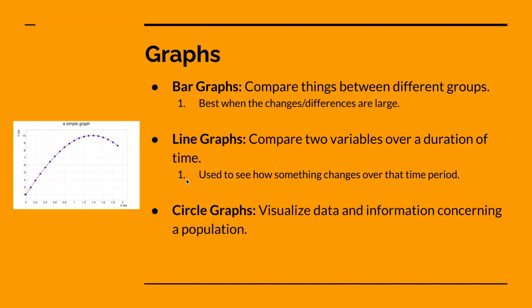And then circle graphs. Now, this is probably the easiest one to identify and the easiest one to use, roughly speaking. And we use this to visualize data and information concerning a population. And these are used to easily show results of a test or investigation.